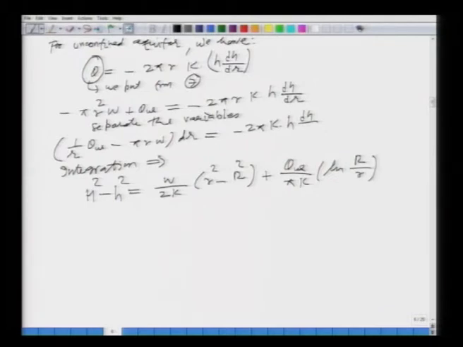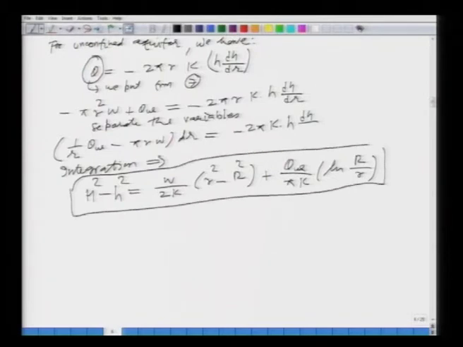So, you are using capital H and R as one boundary and general small h and small r as the other boundary. This is the equation of your water table profile, involving W with recharge and a pumping rate q w in an unconfined aquifer.